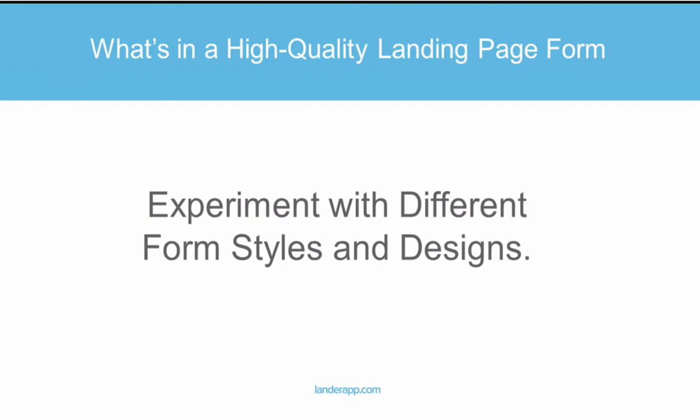Okay, here's the second point. Experiment with different form styles and designs. Look, if your forms aren't delivering the number of conversions you want, it may be worthwhile to try something new, right? As we just mentioned. So whether it's possibly the size of the button or the text labels in the form, maybe the number of fields, we discussed that. There's a lot of different possibilities for landing page forms that work, such as a 2-page form or even a 2-column field layout.